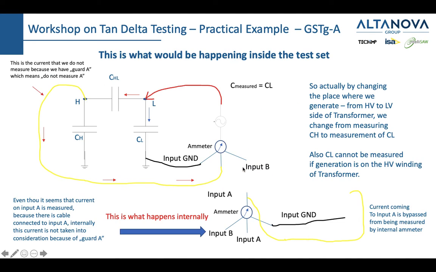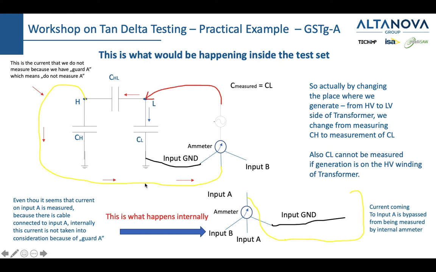And what happens inside the system? Well, I'm generating high voltage here. There is a current running through CHL, and there is a current running through CL. Since I am measuring with the GST GA mode, that means that for sure I will be measuring current running through the ground.